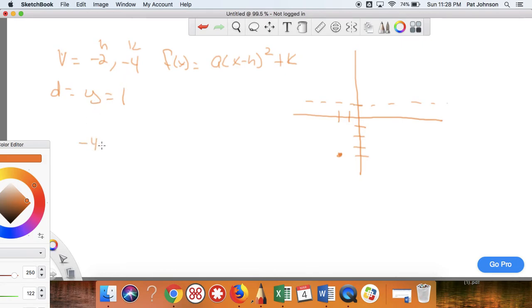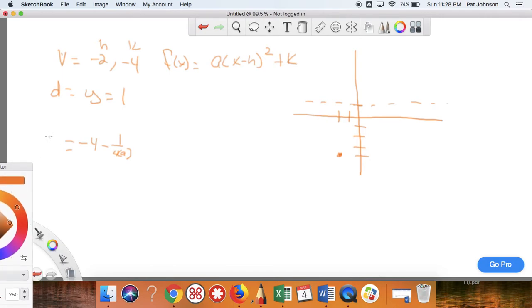So negative 4 minus 1 over 4 times a. I don't know a, but I know that this equals 1. So I add 4 to both sides, so I get 5 equals negative 1 over 4a, using just simple basic algebra here.